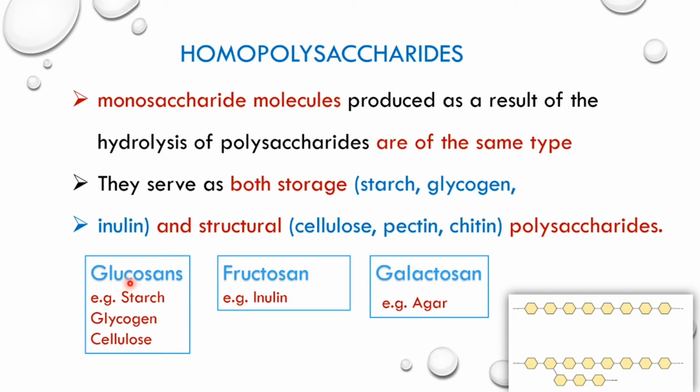Glucosan means repeating units of glucose. Examples: starch, glycogen, cellulose. And fructosan is the polysaccharide containing repeating units of fructose. Example: inulin. Galactosan means the polysaccharide with repeating units of galactose. Example: agar.